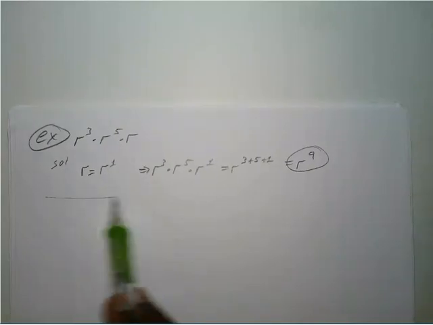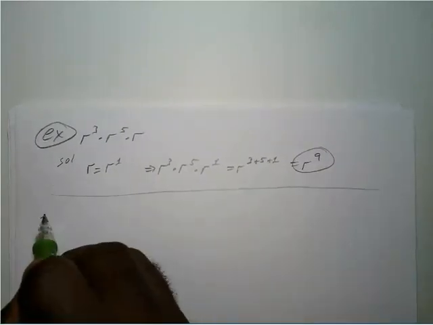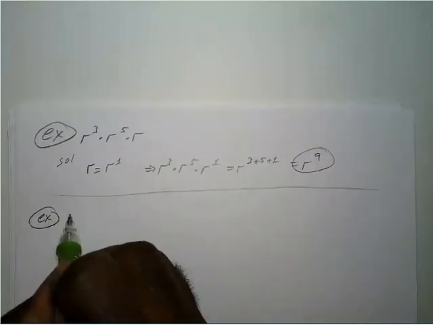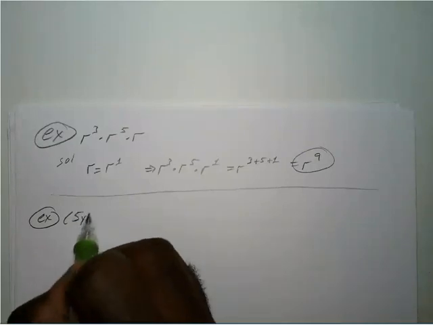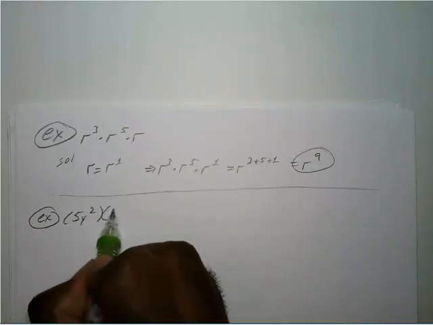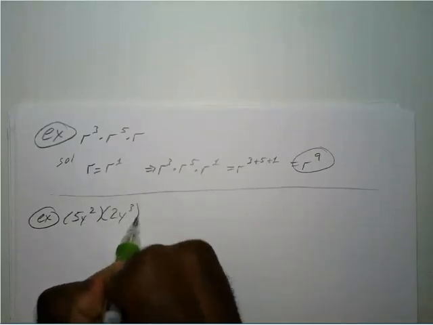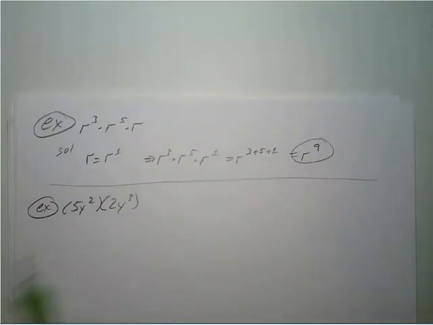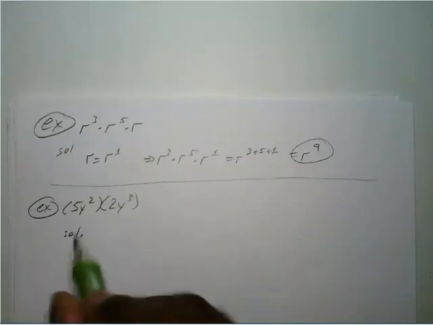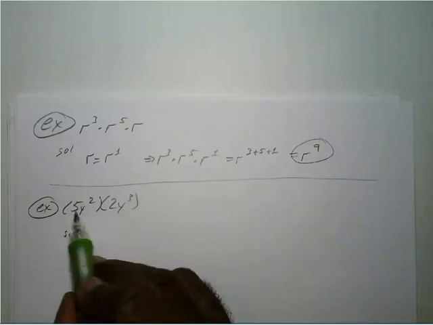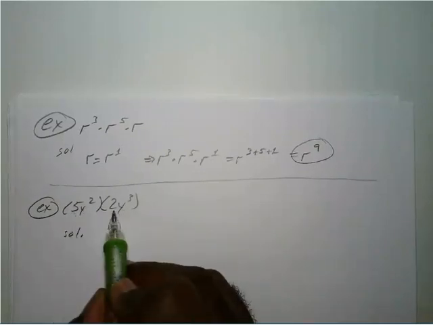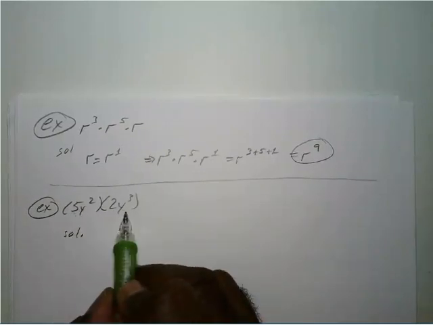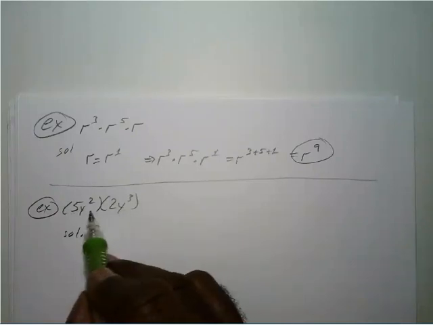So what if we have, say, 5y squared times 2y to the 3rd? There are no plus or minus signs, so everything here is just multiplied. This is just multiplying the numbers and then multiplying the variables.